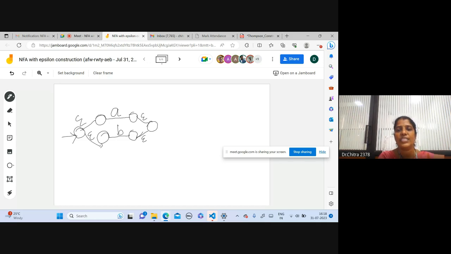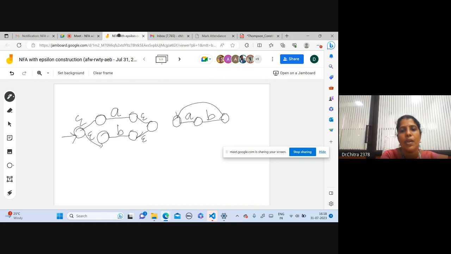And the next one is AB star. How can you draw AB star? How do you draw A? This is A. Again the next one is B. This is the concatenation, so AB. The next is AB star. Star means self loop.